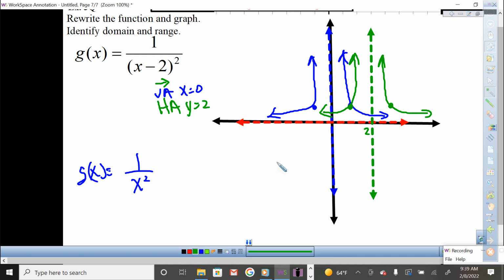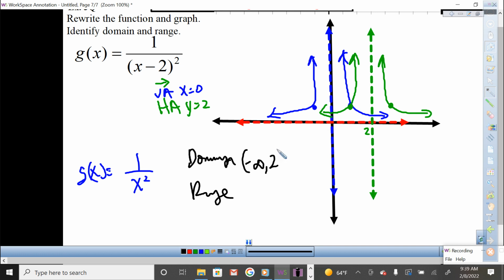All right. So, now that we did the easy part, let's get the domain and range. All right, domain. I said it's going to the left. Is that correct? So that means it's at negative infinity. But where does it stop? It stops at 2.